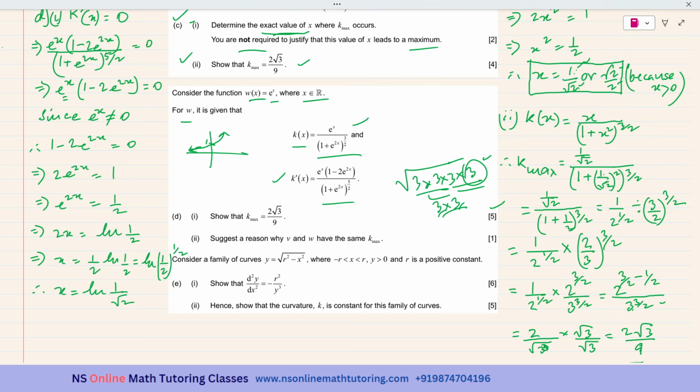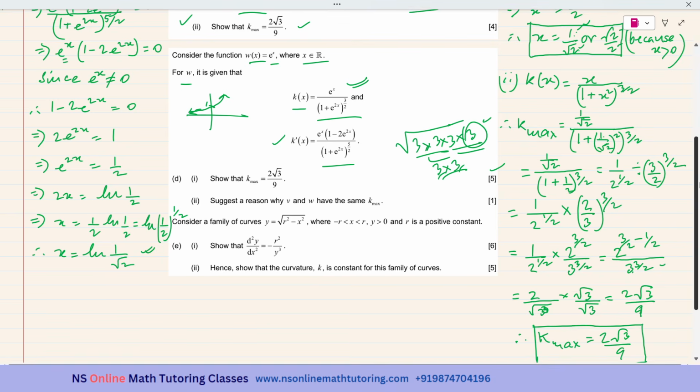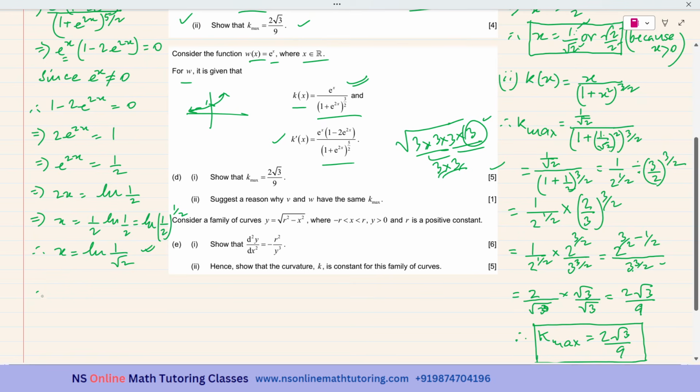Okay. So now we have to substitute this value of x in this k expression, so as to find the value of k max. Therefore, k max is equal to e to the power of ln of 1 over root 2, over 1 plus e to the power of 2 times ln of 1 over root 2, and whole raised to the power of 3 over 2.